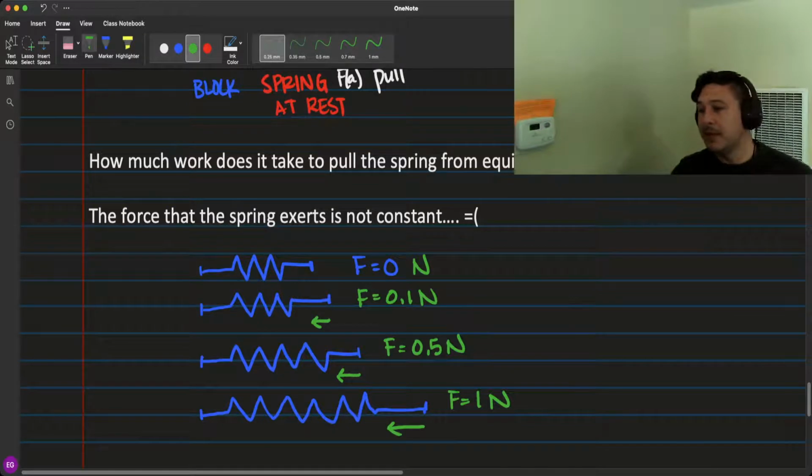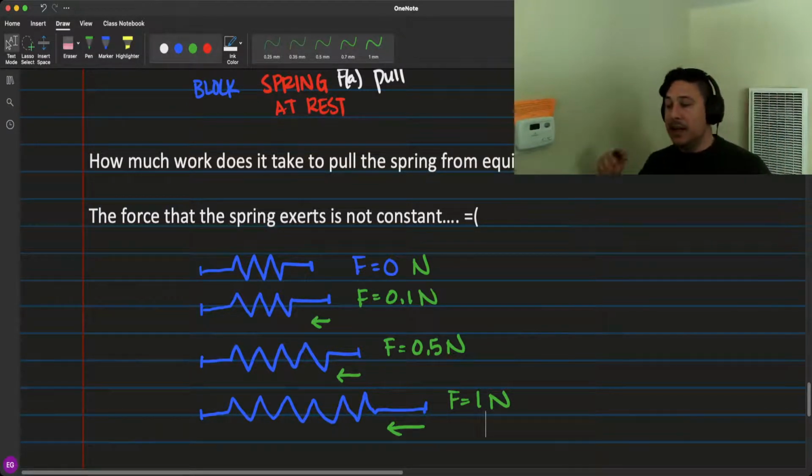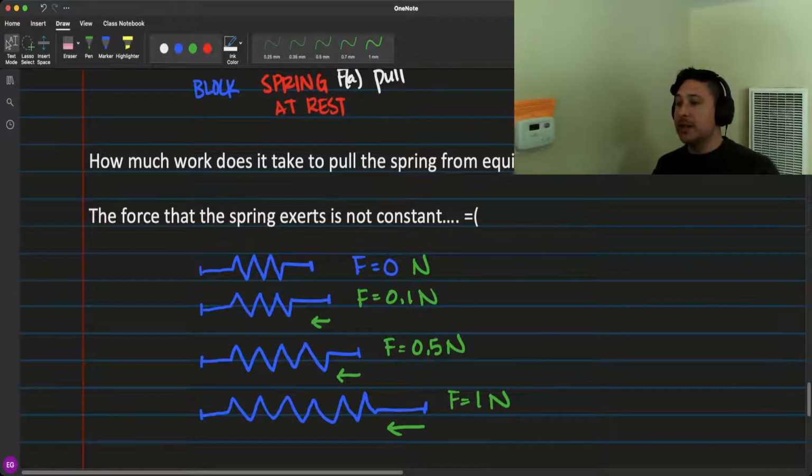See, this is the problem. As you stretch out the spring, the force that it exerts becomes greater. In other words, it's not constant. So you can't just say the force of the spring is whatever, and then multiply that by the change in distance. That doesn't work, because the spring gets angrier the more you pull it.